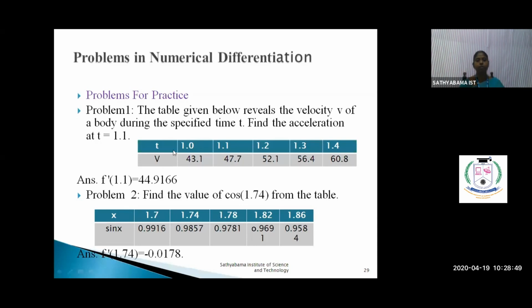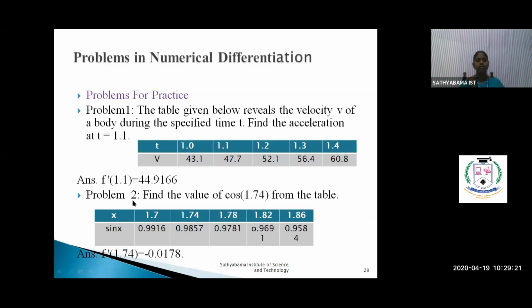You must find out what u is, and later we can find dv by dt, which is your acceleration. That is given to you for practice. All of you please try to find the answer for this question. The answer, first order derivative f dash of 1.1, that's nothing but your acceleration, is 44.9166. So you try and check, are you getting this 44.9166?